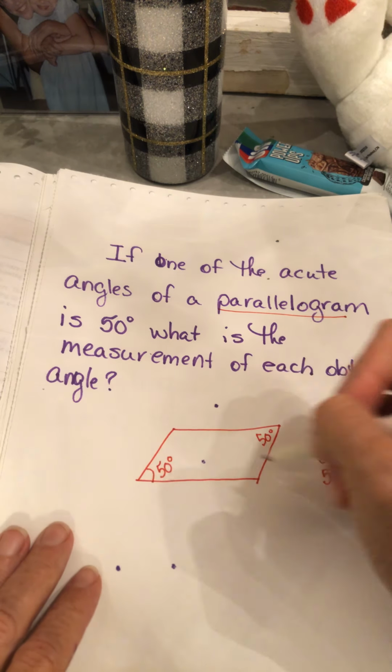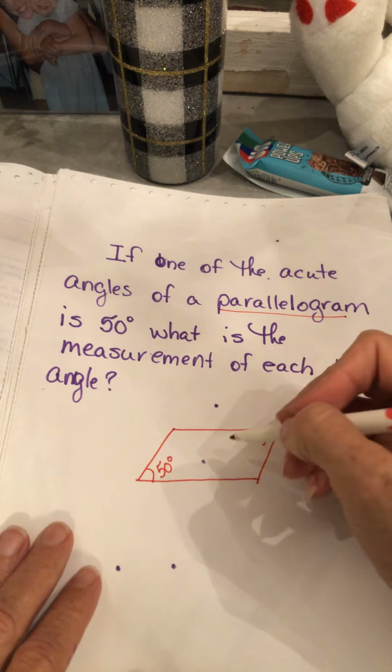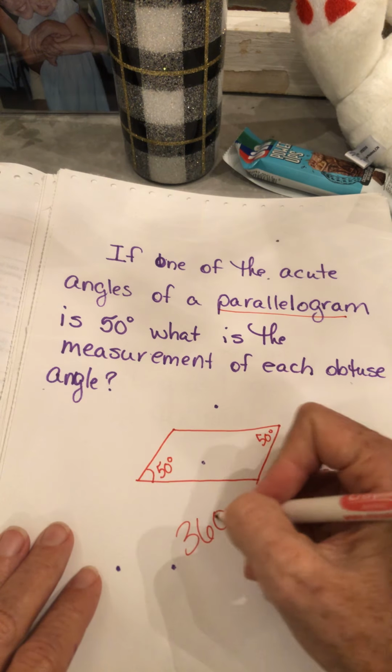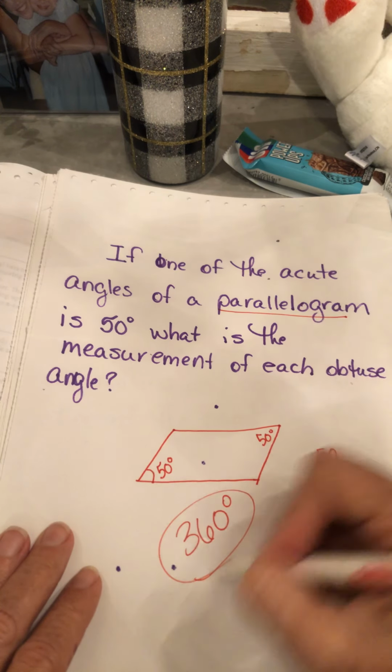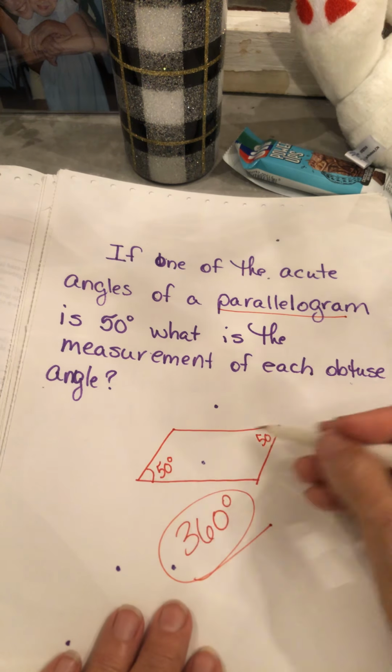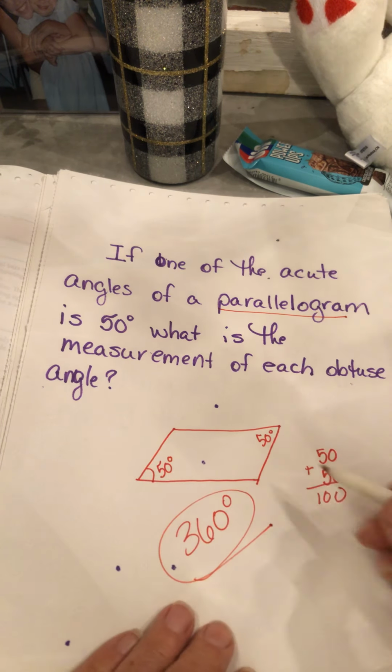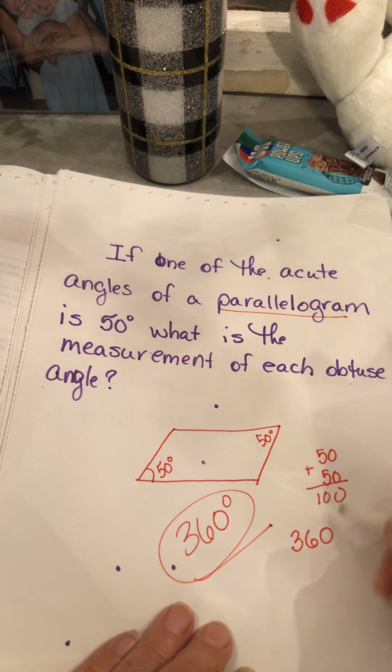I know that all four angles have to add up to 360 degrees. So if I know these two are 50 and 50, that adds up to 100. If I know that the total is 360, I could say 360 minus 100, which gives me 260.